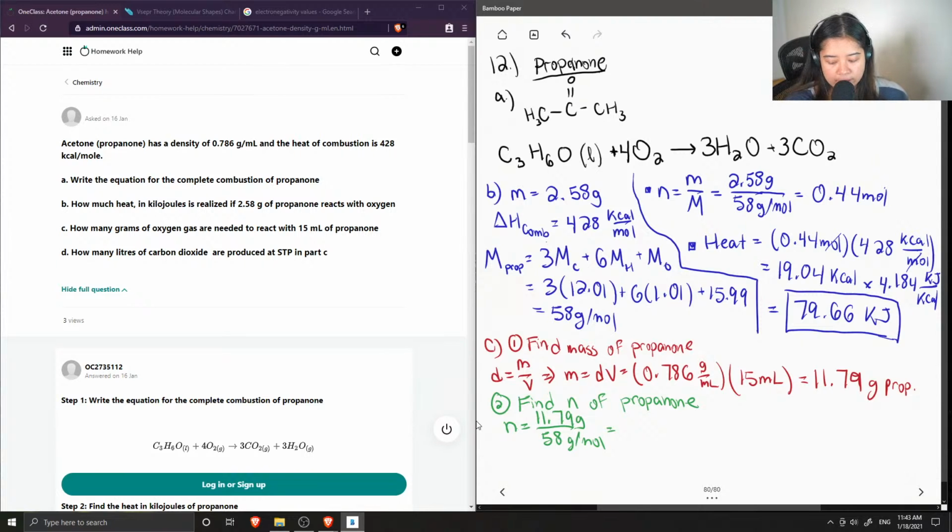So to calculate the number of moles, we divide and get 0.2 moles of propanone. And from there, we can also calculate the number of moles for oxygen. Then use mole ratio.